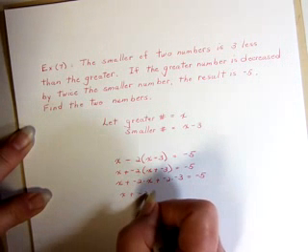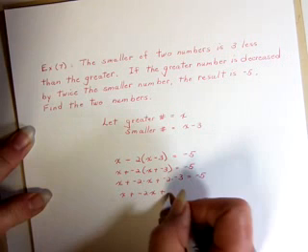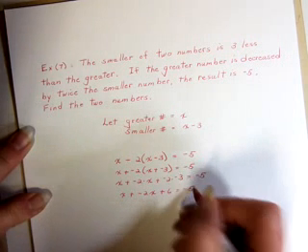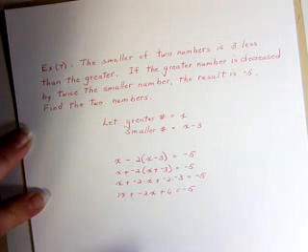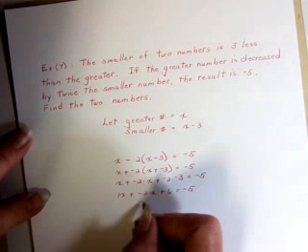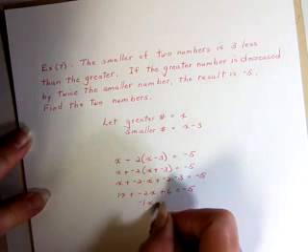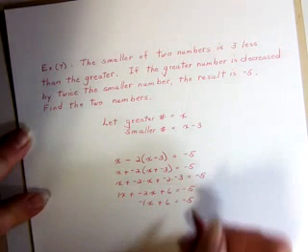x plus -2x plus 6 equals -5. We can add the 1x and the -2x together to give us -1x plus 6 equals -5.